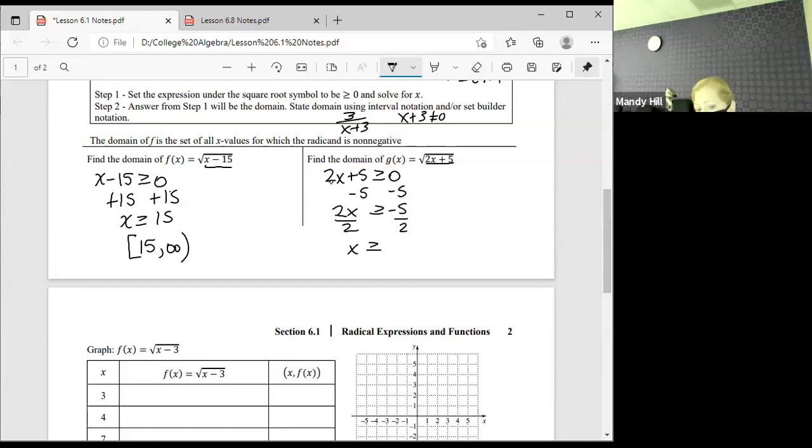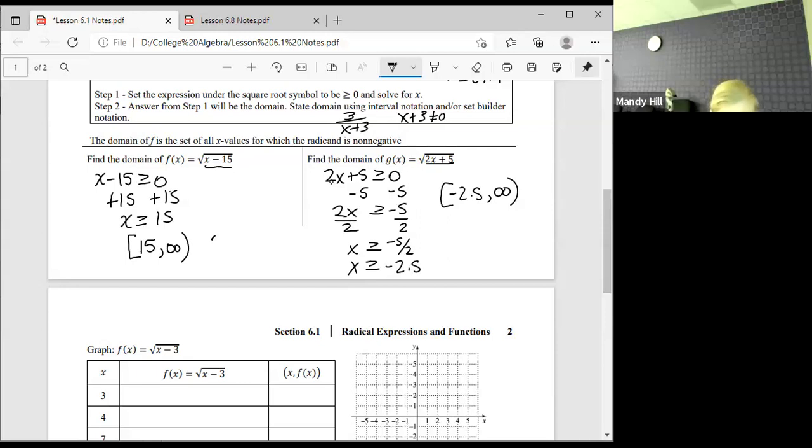So anything greater than or equal to -5 over 2. Type in your calculator or in your brain -5 divided by 2, it's -2.5. So -2.5 to infinity is okay. But if I were to put -4 in here, or anything less than -2.5, it's not going to work. It's going to make me have a negative number and I can't take the square root of a negative number.